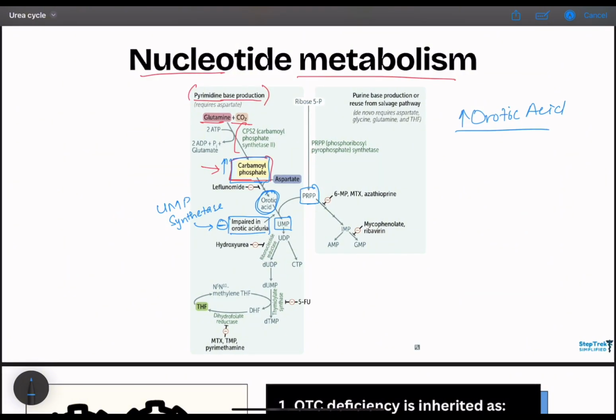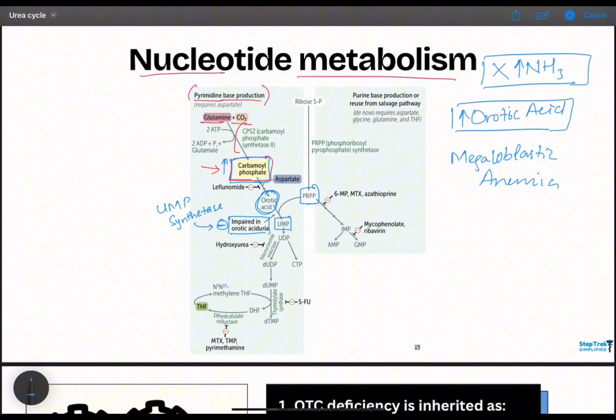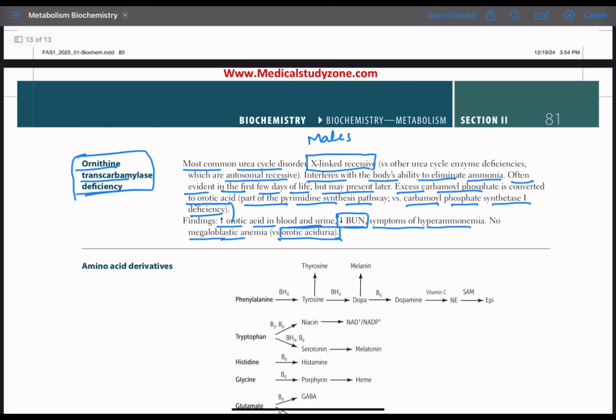But unlike ornithine transcarbamylase deficiency, the patient will not have symptoms of high levels of ammonia. And other than that, orotic aciduria patients will have megaloblastic anemia, because it goes on to develop into uridine and cytidine. So these patients also have megaloblastic anemia. So this was all about the urea cycle and its enzyme deficiencies.